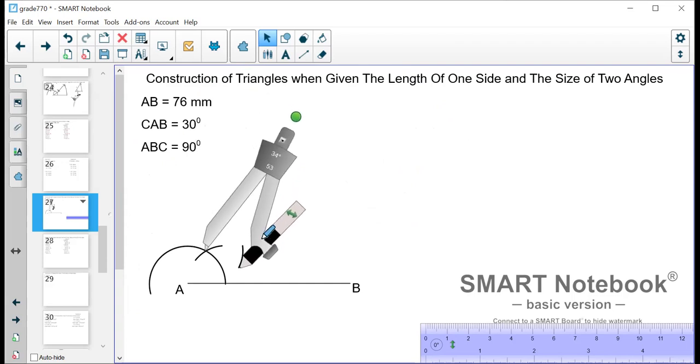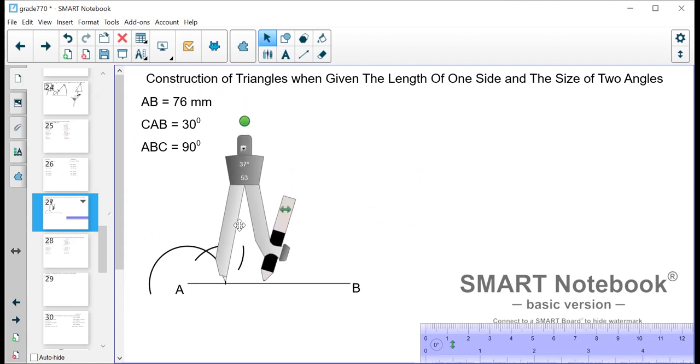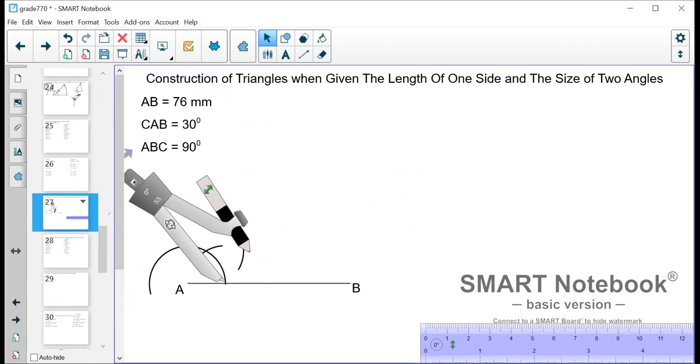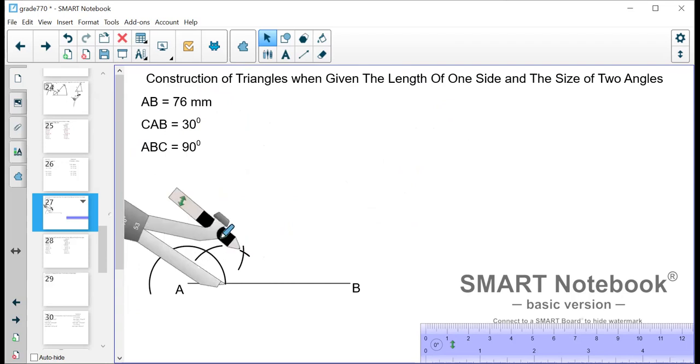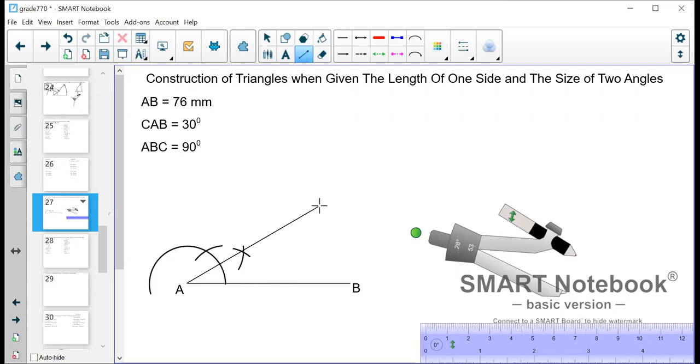So you bisect the 60 degrees. Good. So we are in the process of constructing the 30-degree angle.